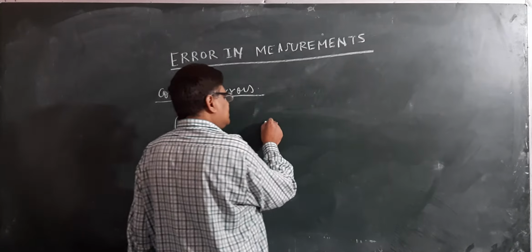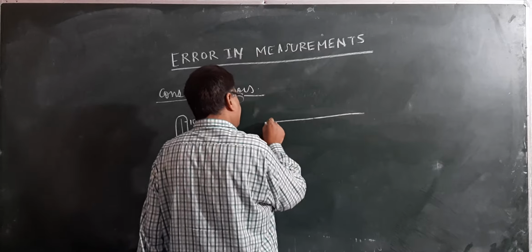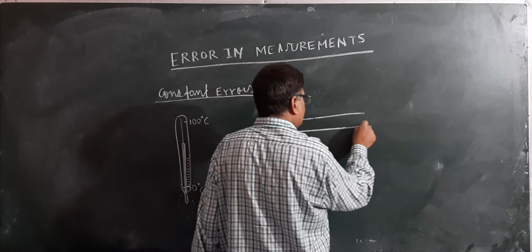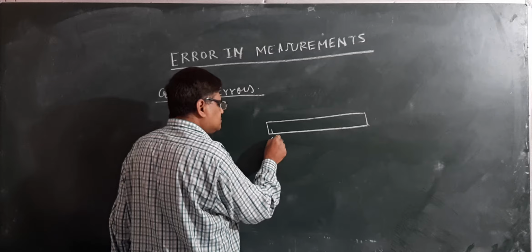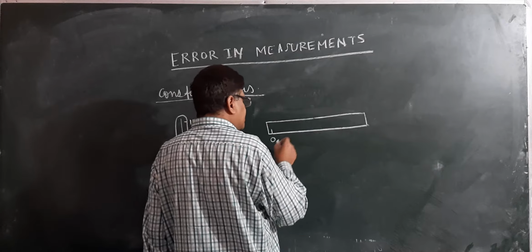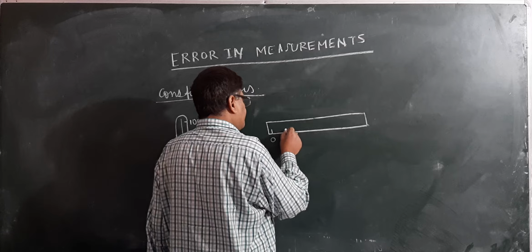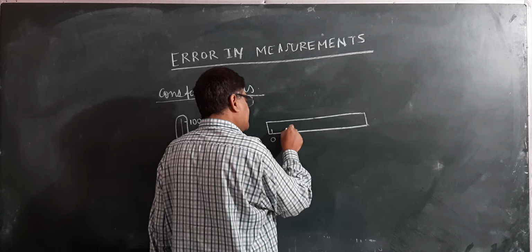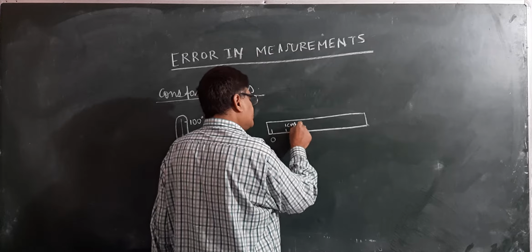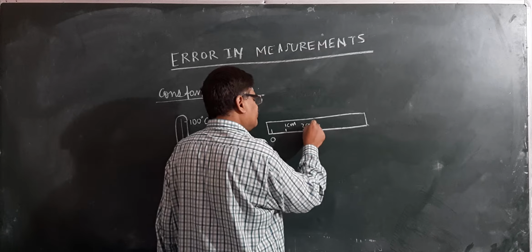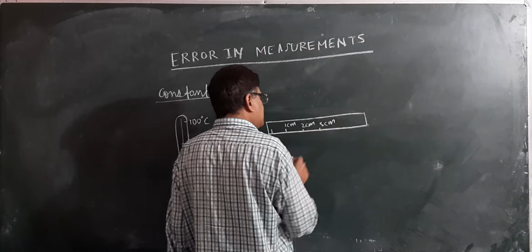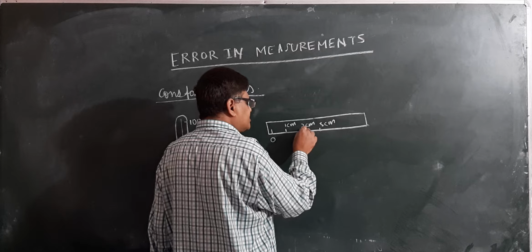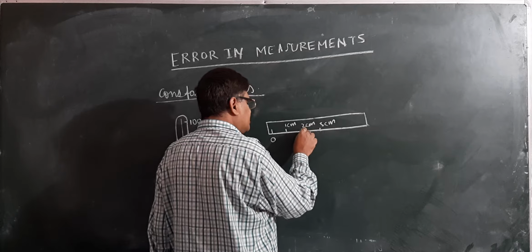Suppose this is the scale. Now here suppose we mark 0, but suppose here calibration is not proper. Say it is 1 centimeter here. Say it is 2 centimeter here. Say 3 centimeter here. But suppose these markings are not accurate. Say it becomes 2 centimeter over here.